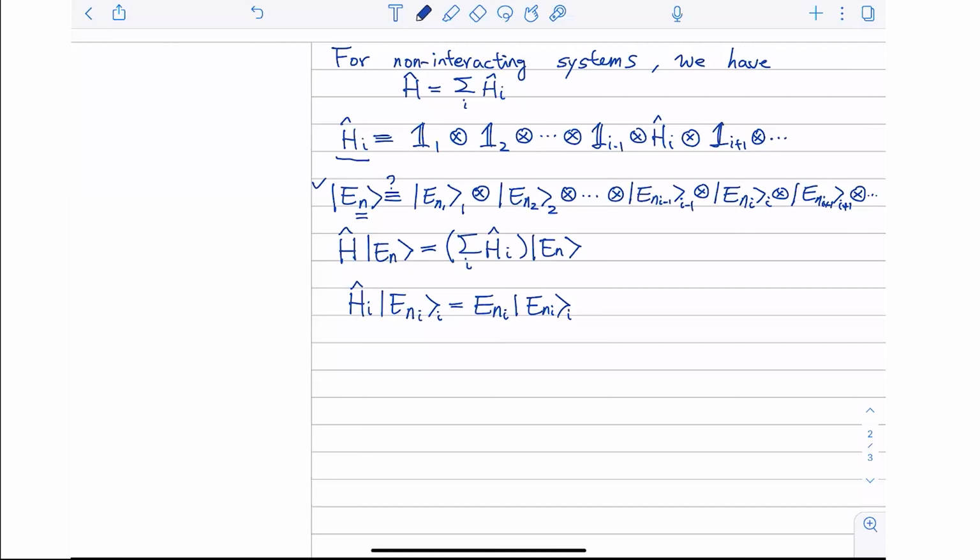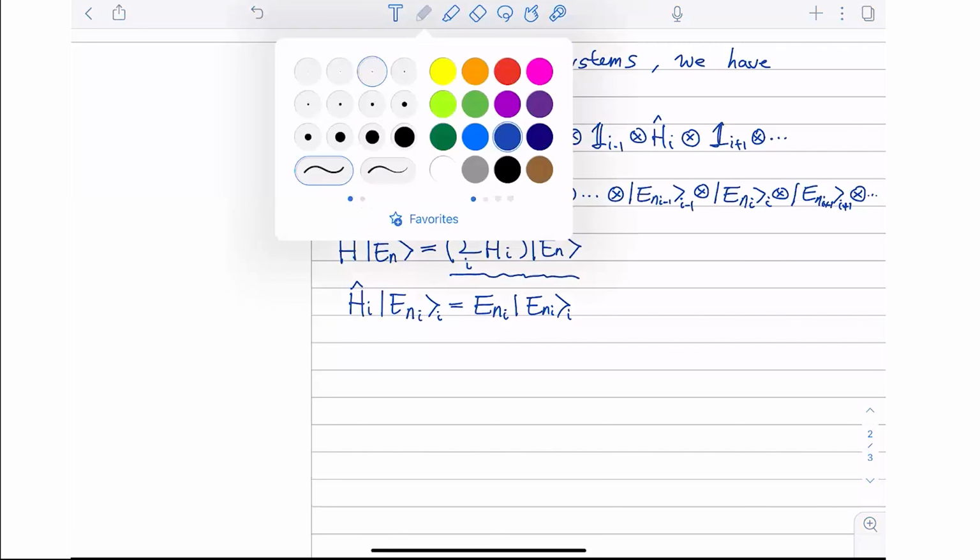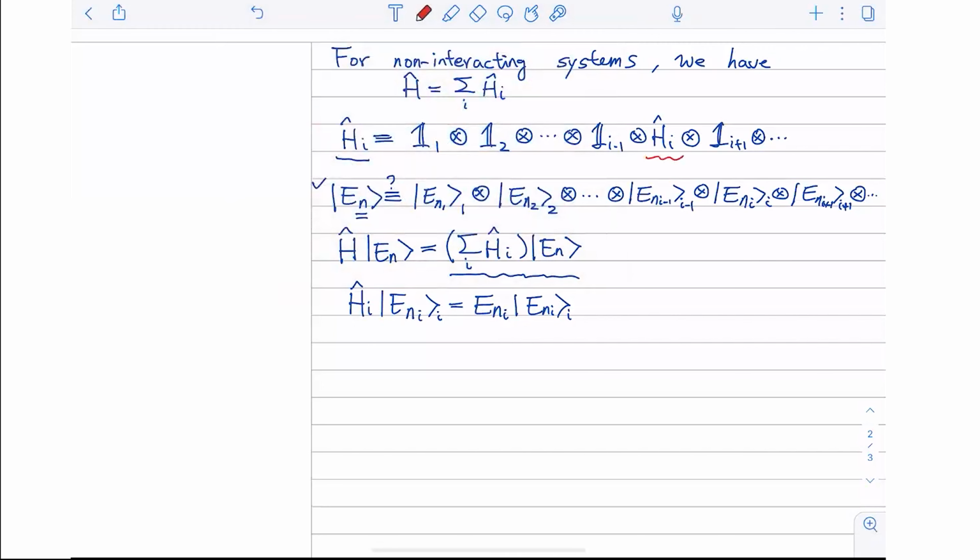So when we apply this operator to the total state, let's take the ith particle in particular, we'll find that the Hamiltonian of the ith particle acts non-trivially on the Hilbert space of the ith particle, and the rest of the operator acts trivially on the Hilbert space of the rest of the particles.